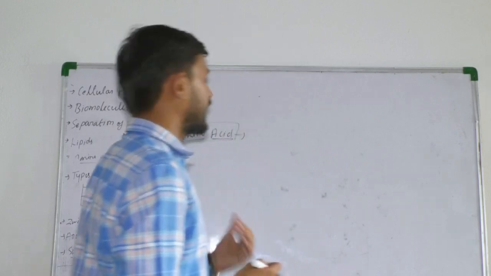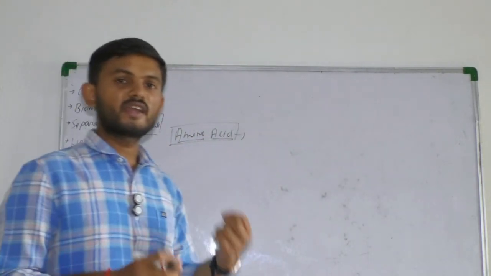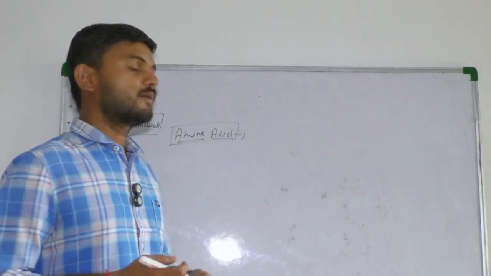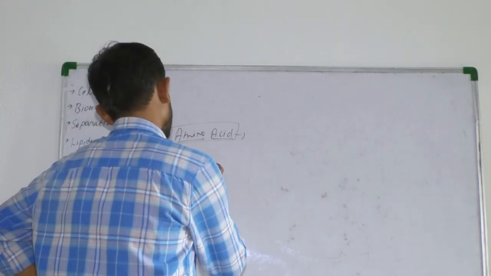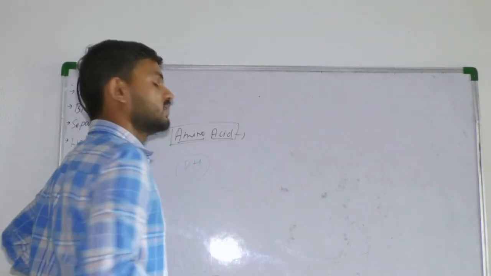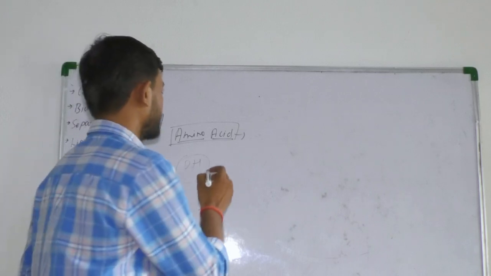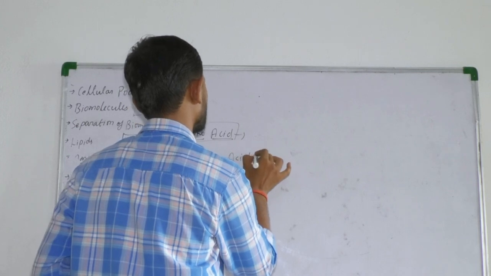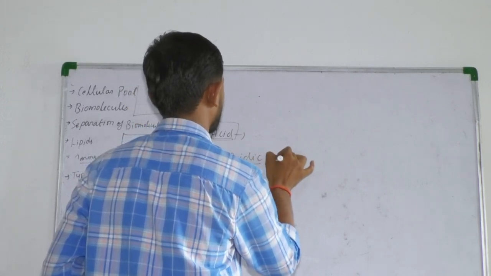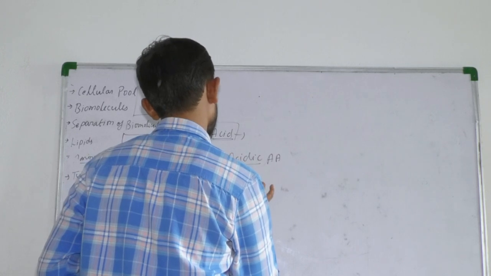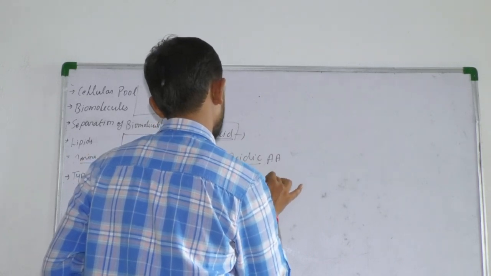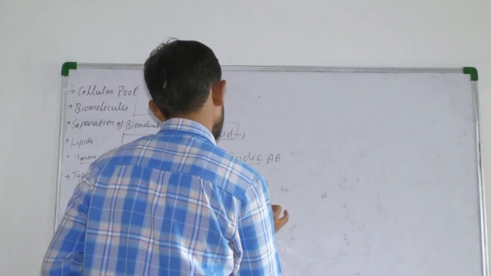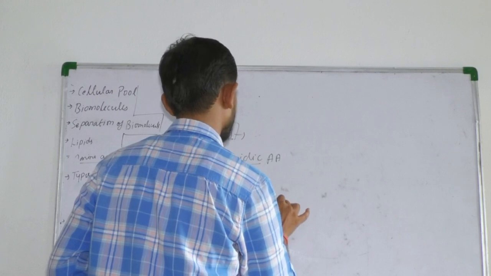Now there are different categories of amino acid. We categorize amino acid on the basis of pH. On the basis of pH we can divide amino acids into 3 categories: acidic amino acid, basic amino acid, and neutral amino acid.